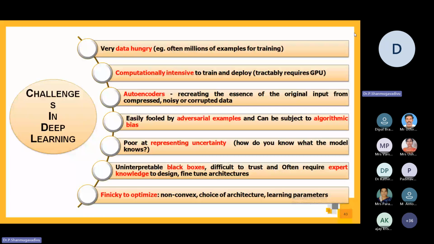When you compare the degree of computation, deep learning is computationally more complex than the others. And autoencoders are the ones you use for various applications, like denoising, image compression, data compression, etc. Then it is easily fooled by adversarial examples.